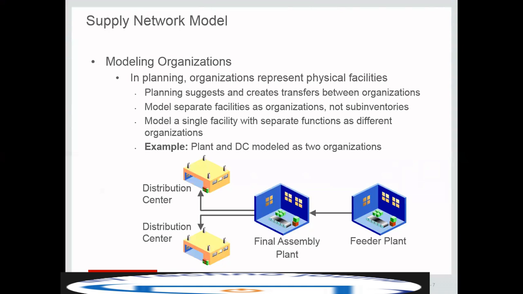So you have to model your organizations based on your requirement. For example, you have a single organization performing different functions, a single physical entity. Say a facility is a manufacturing plant as well as a distribution center. You model them as two separate organizations, even though they are located in the same physical facility, because they perform two different functions: one is a manufacturing plant and the second is a distribution center.